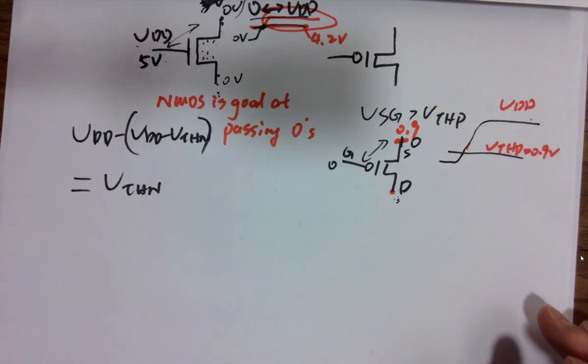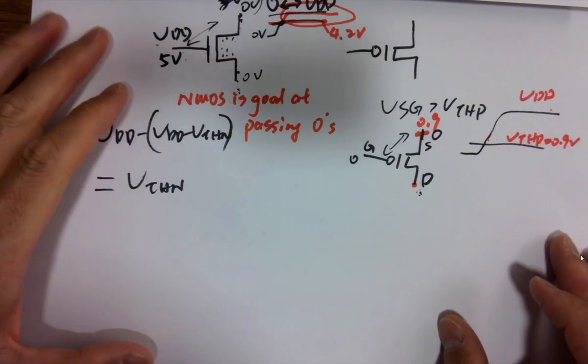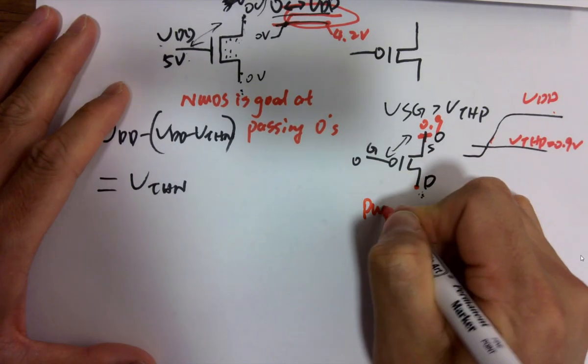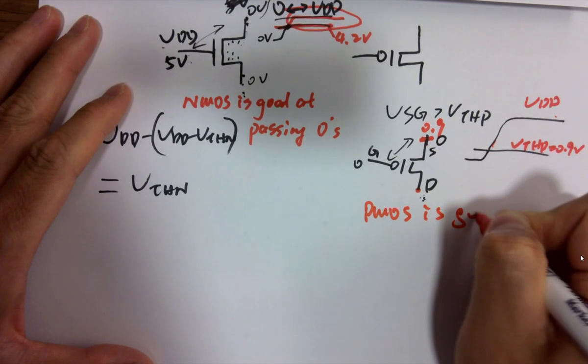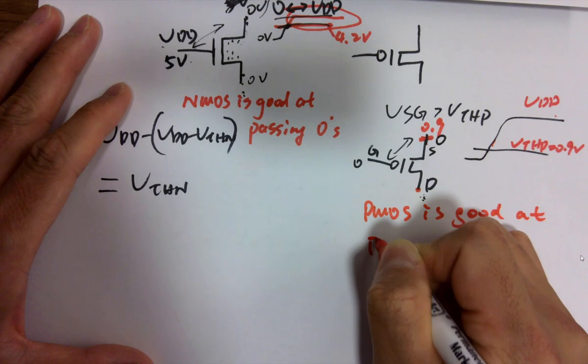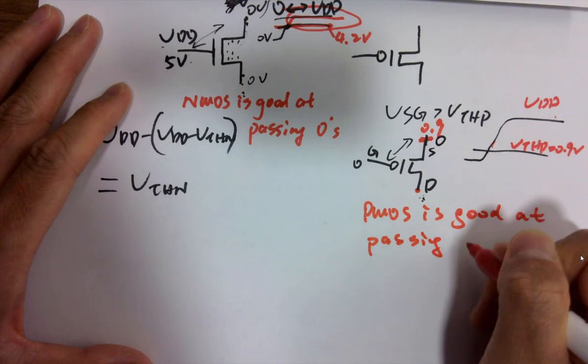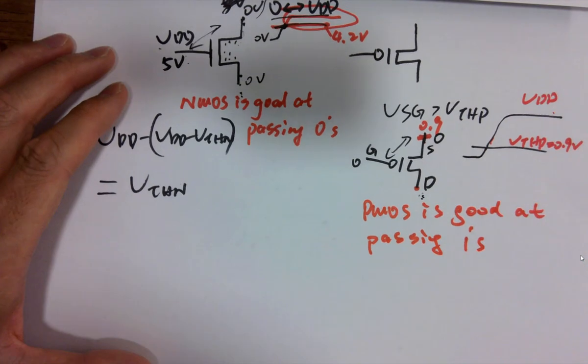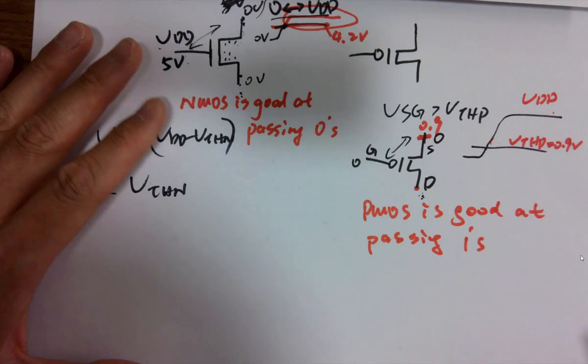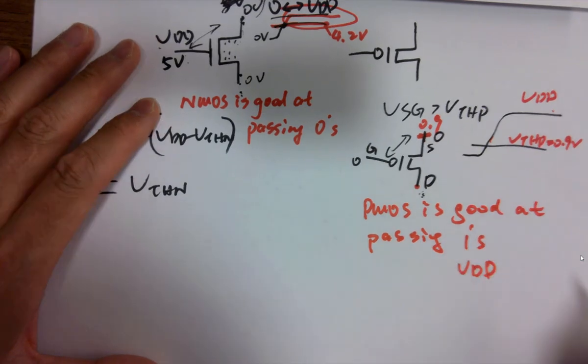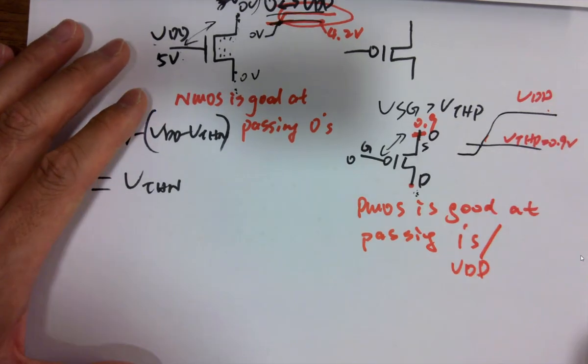That's it. So the conclusion is, PMOS is good at passing ones, VDD. Ones or VDD, same thing. Okay.